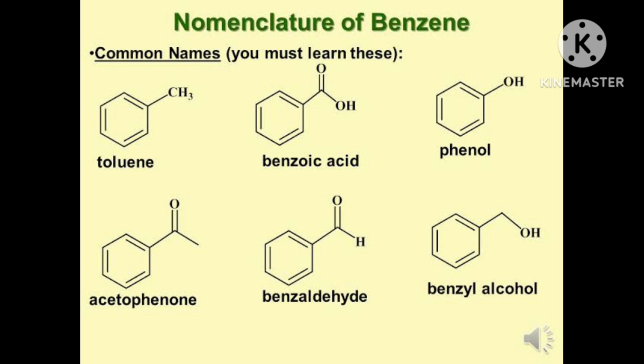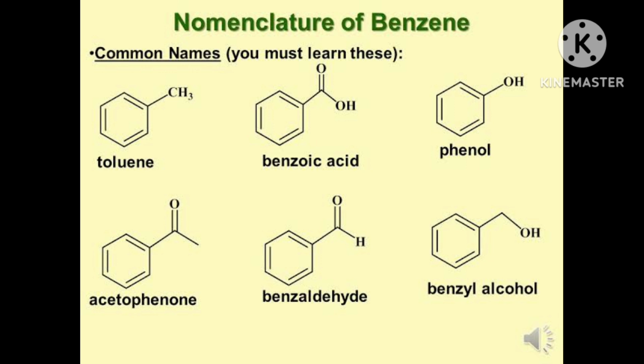First example I told: 1,2-dibromobenzene. Second example: 1,3-dibromobenzene. And you write a dash: 1,2-dibromobenzene, 1,3-dibromobenzene, and the third example 1,4-dibromobenzene. These are the examples I have told you.